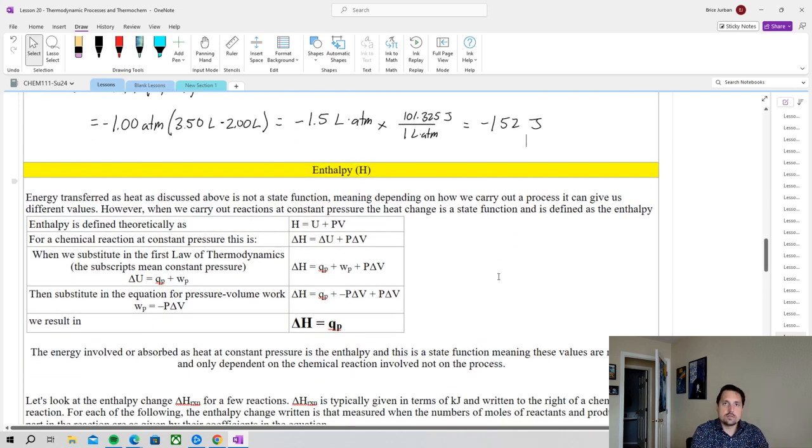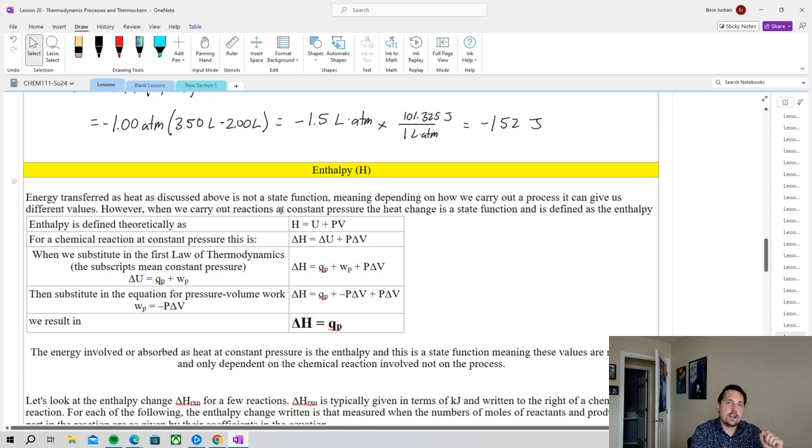And heat transfers that occur at constant pressure, meaning usually at atmospheric pressure, are known as the enthalpy change. So we discussed above that heat is not a state function, meaning it depends on the process at which we carry it out.